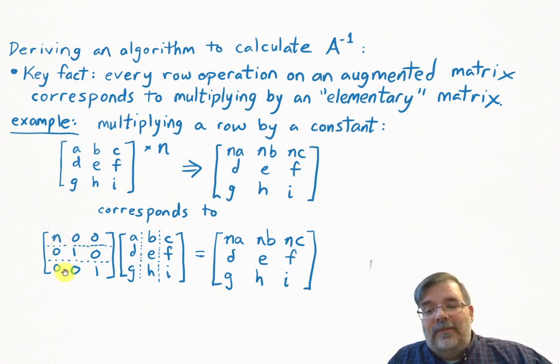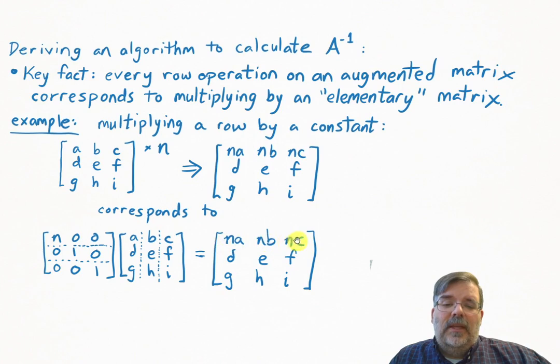And sure enough, if you were to multiply this matrix by this matrix, it's not too bad because of all the zeros and ones. The result would be the same thing as applying this row operation. So applying this row operation, multiplying the first row by a constant n, corresponds to multiplying by this matrix.